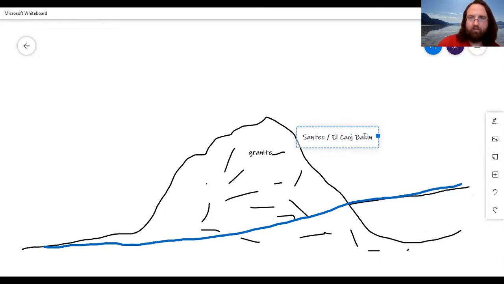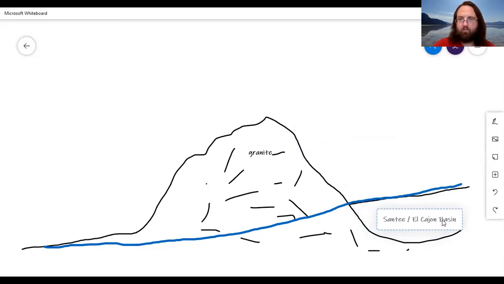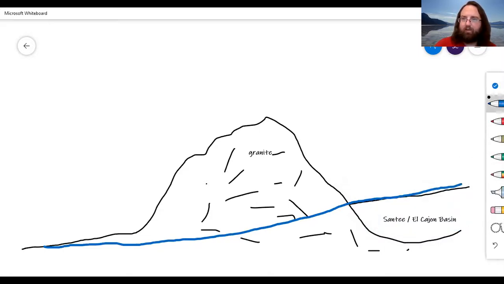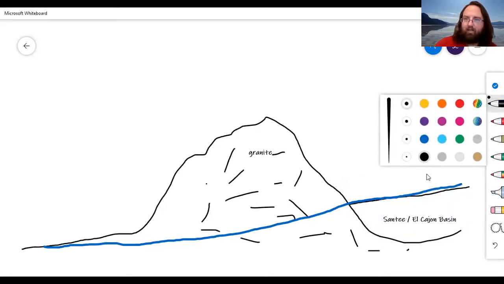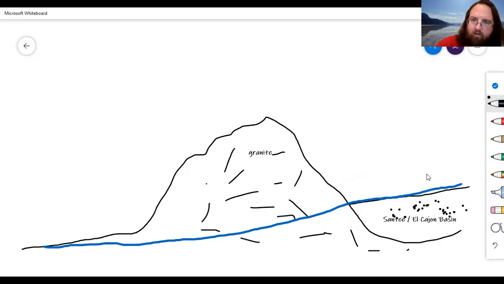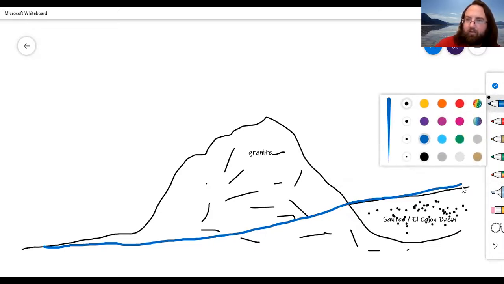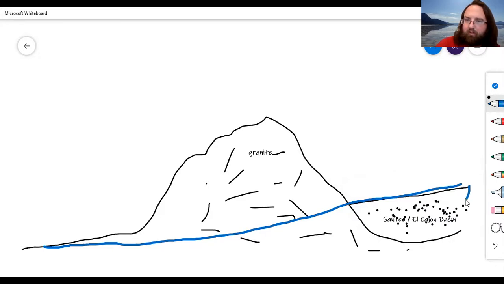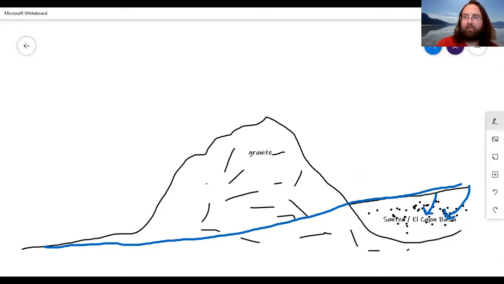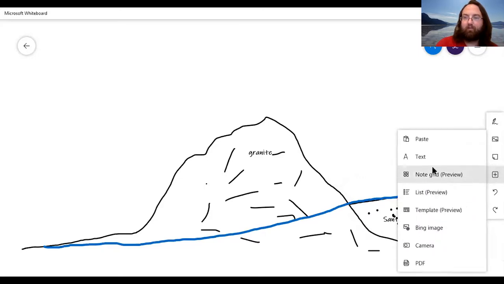Now, notice what we have over here on the right side of the figure, the Santee El Cajon Basin. The Santee El Cajon Basin has quite a bit of sand and gravel that leads the river to go underground here. So generally, what you get in the upper parts of the Santee El Cajon Basin is something known as a losing stream, a stream that is losing water to the aquifer.